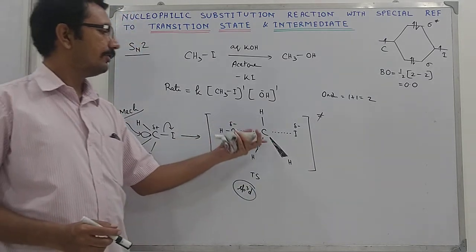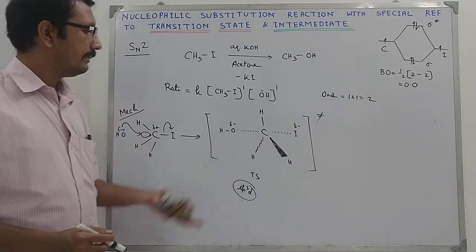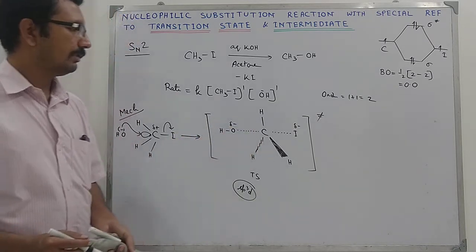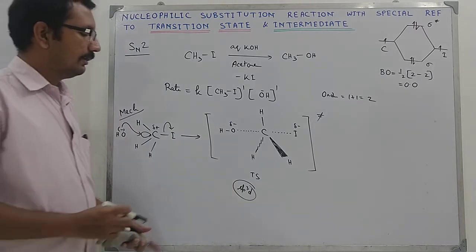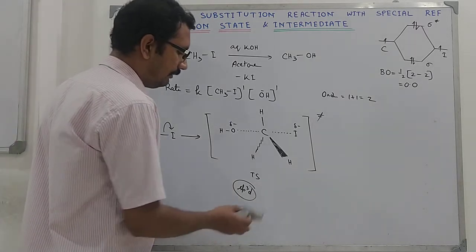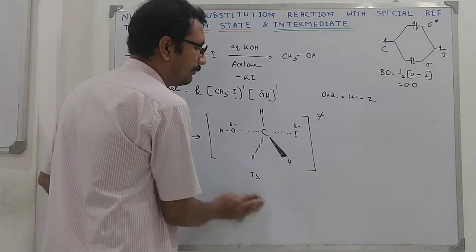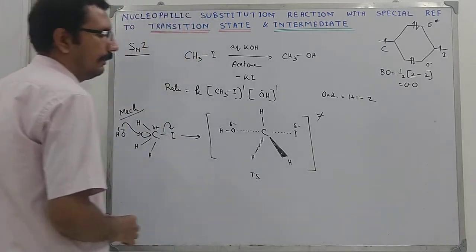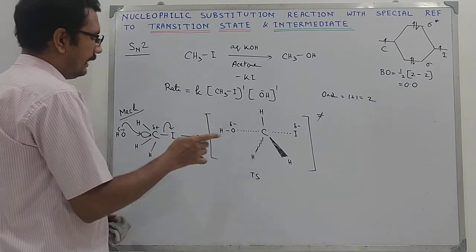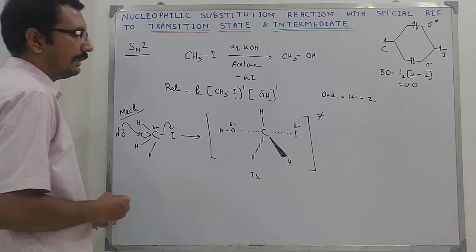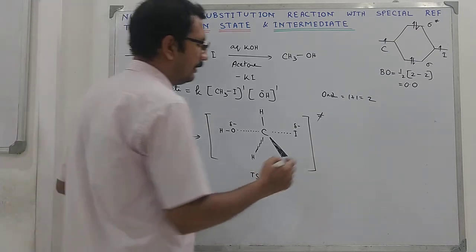But we know that carbon is devoid of d orbitals, since its valence shell is 2s2 2p2 for the ground state carbon atom. Hence we can claim that this is a hypothetical structure. It is only put forward to explain the reaction course and to have a link between the reactant and the product, or reactant and the intermediate.